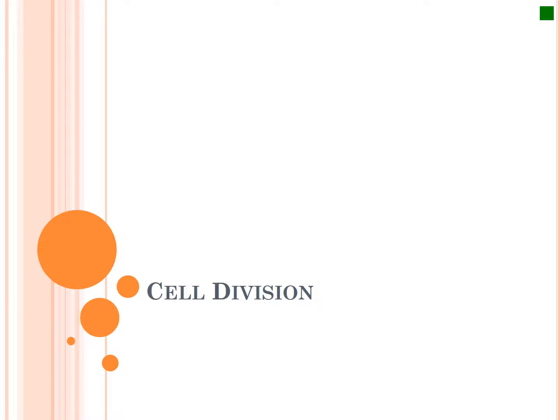Hey, welcome back. We're moving on to our next topic, which is section 3.2 on cell division. We've learned about the outcome of asexual reproduction. We learned that asexual reproduction produces offspring that are genetically identical to the parent.